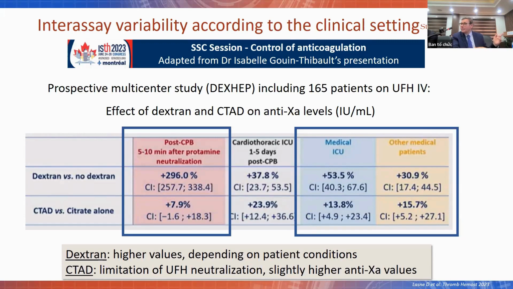But when you add dextran sulfate to the reagent, then you will free the heparin from the protamine, and you will artificially increase the amount of free heparin. And this is probably part of the explanation why you have such a difference in those particular patients. But you also have a difference with the other patients. It's less pronounced, but still.